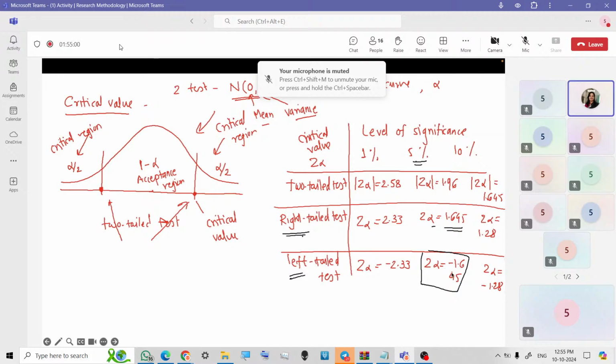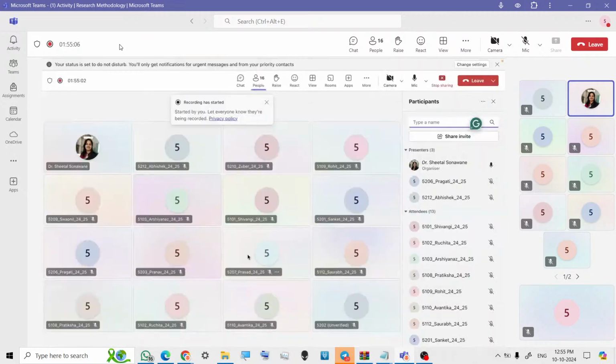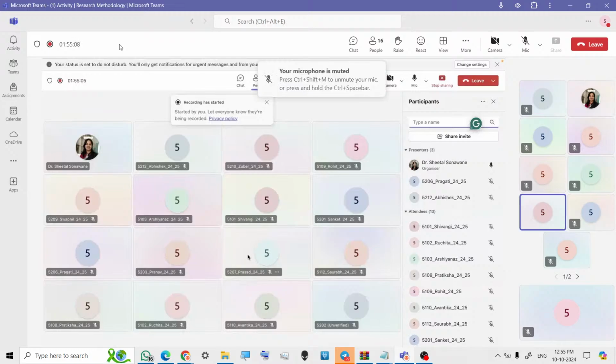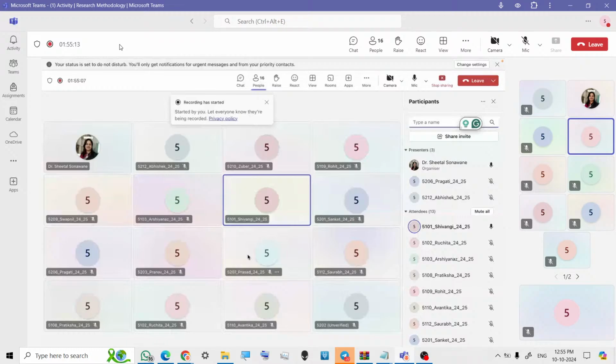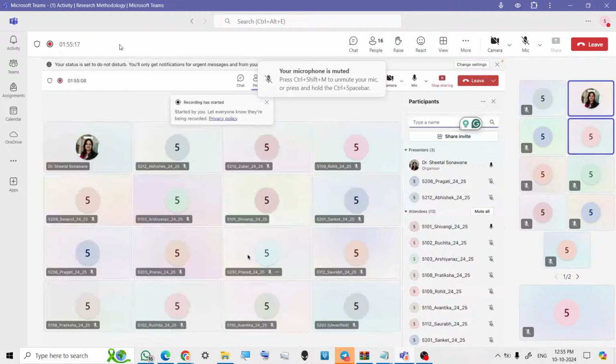Students, tell me your numbers. 5101, 200 रुपये. 512 Yes, ma'am.